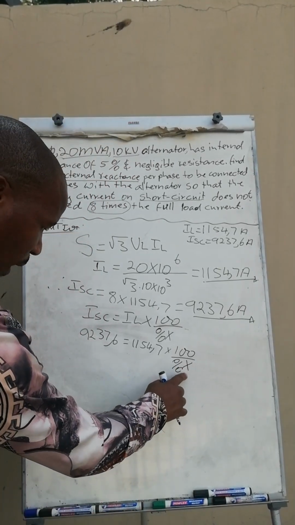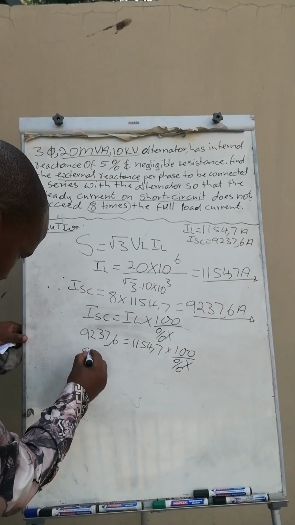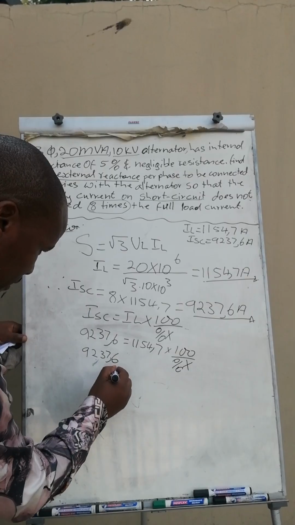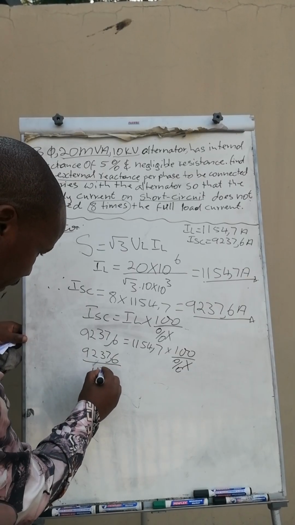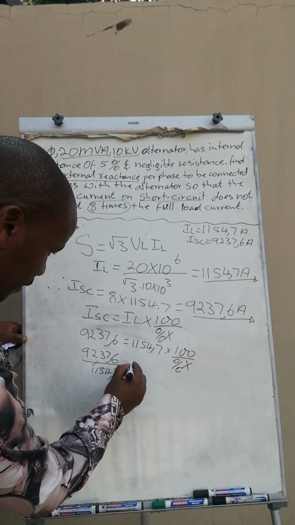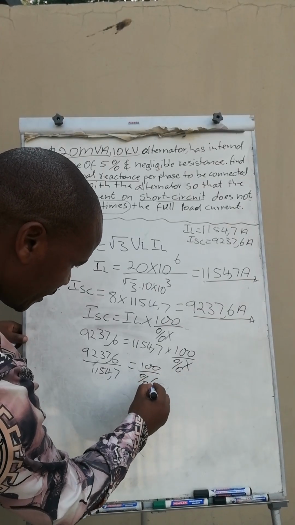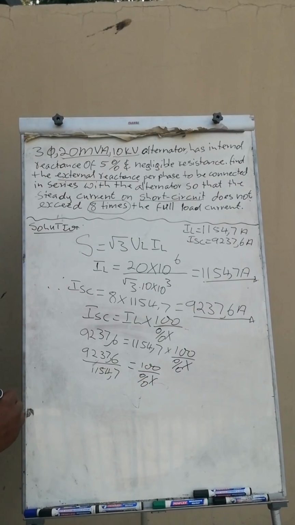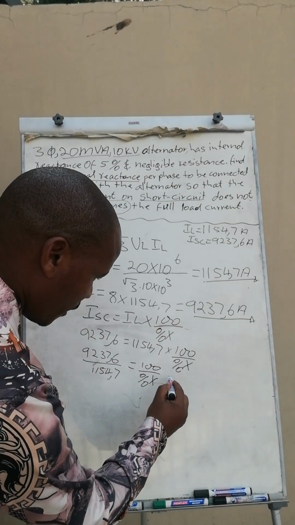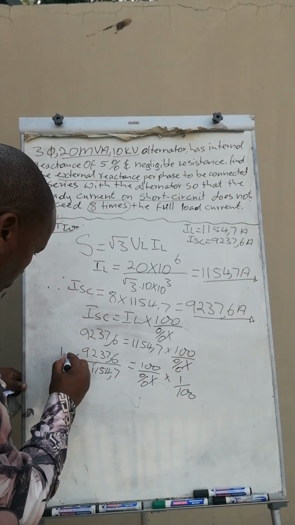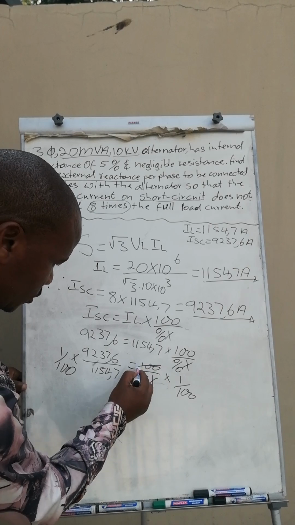We have to find this one. Let's divide by this one. We've got 9237.6 divided by 1154.7 is equal to 100 over percentage X. Is that correct? It should be correct. Now let's multiply by 1 over 100 on both sides, to get rid of this.